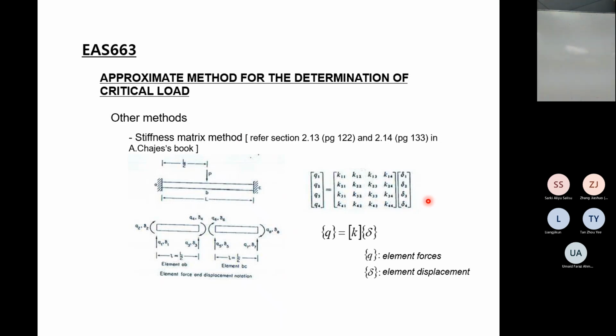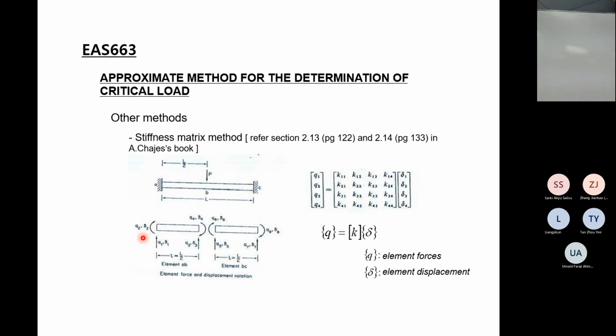The element stiffness equation basically relates Q, which is the nodal forces, to delta, which is the nodal displacement. It can be either one of these elements, they are the same. Q is the external nodal forces acting at what we call the node, one at this end and the other at the other end.